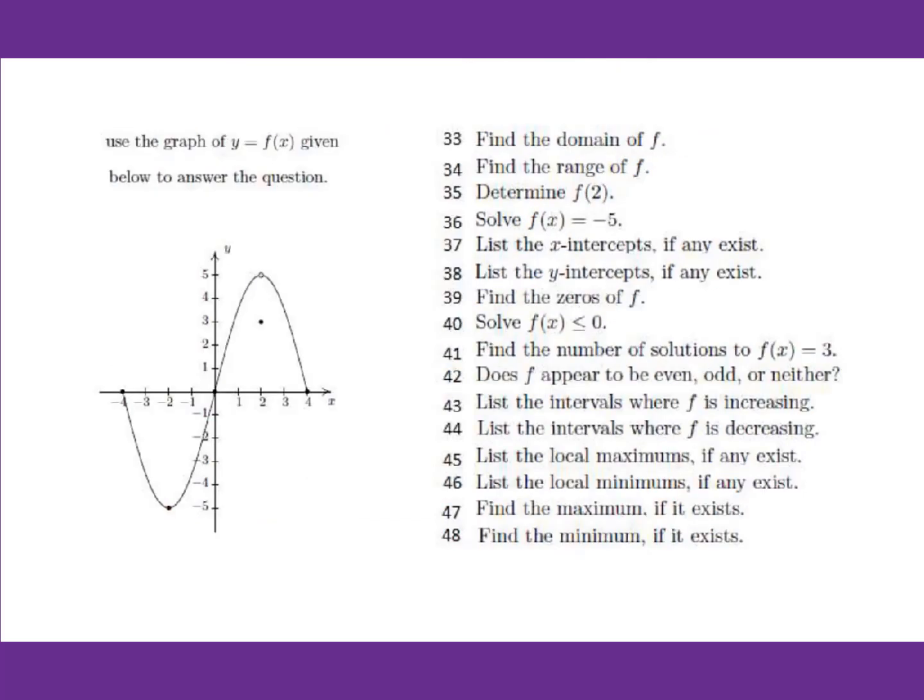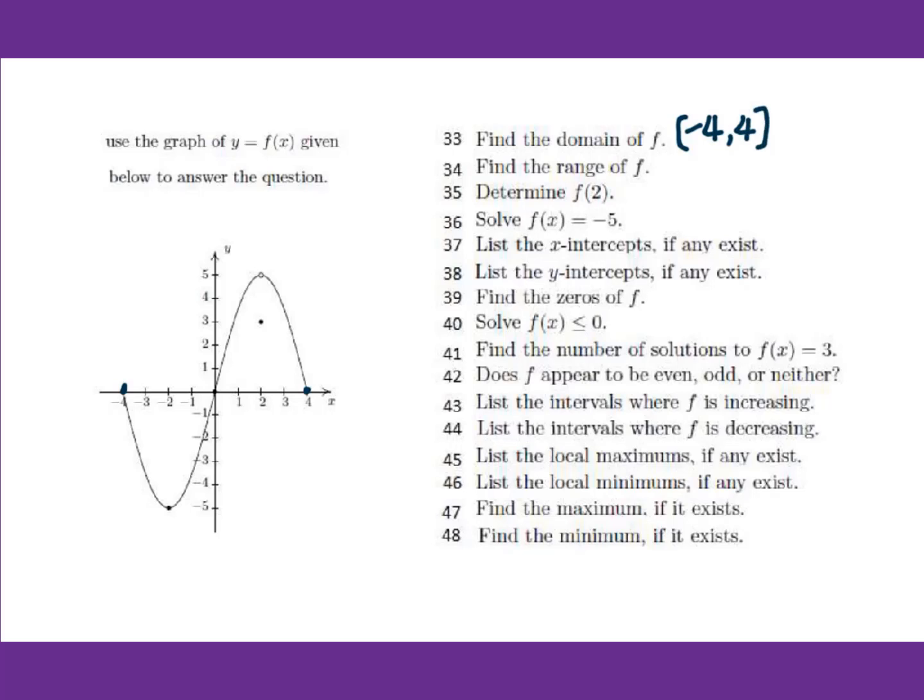Let's look at one more example. For this given graph, find the domain. So we need to find the very left point, that's -4. The very right point, that is 4. So we got -4 to 4. Find the range.